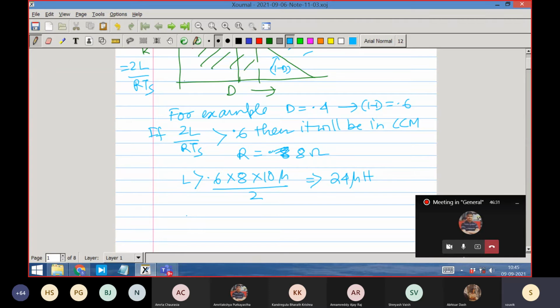Another way is that I still have 10 microhenry divided by R is 8, and TS I have to determine, that should be greater than 0.6. So that implies TS has to be less than 20 micro by 8 into 0.6.